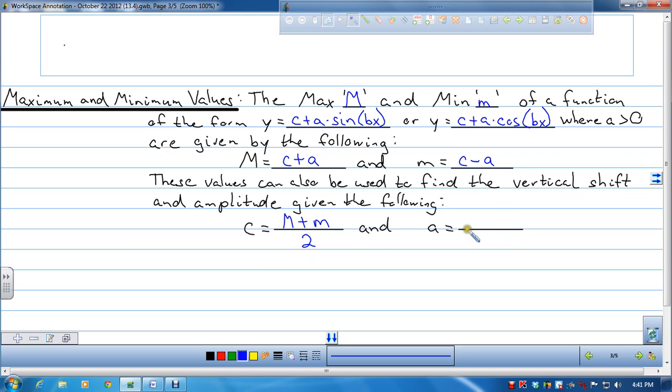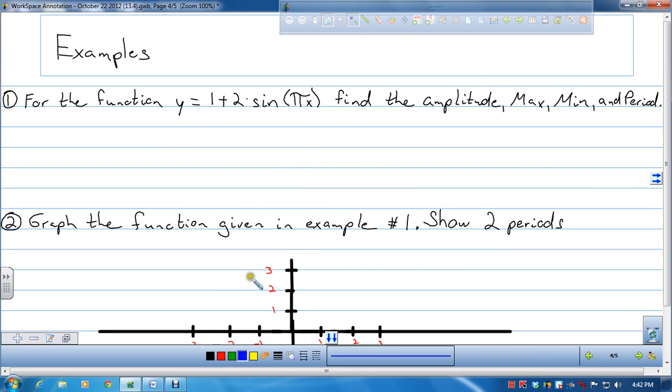A is found by taking the maximum minus the minimum and dividing by 2. Does it make sense? Remember that C is going to be where the middle is, and that amplitude is going to tell you how much you're going to go up and how much you're going to go down from the middle. Okay. So we will go on and look at a couple examples here.